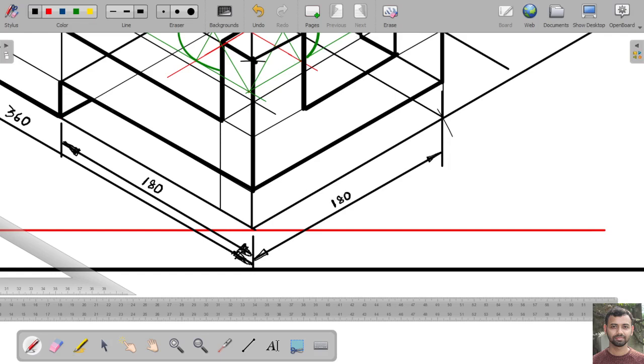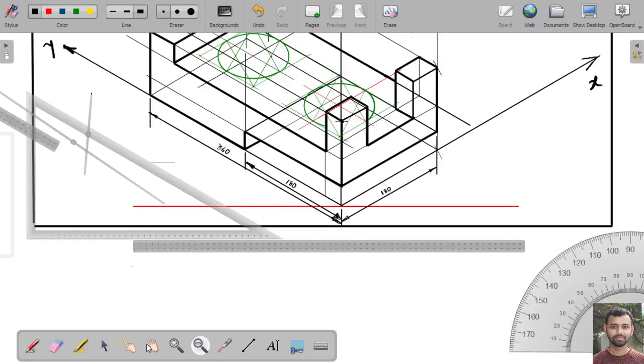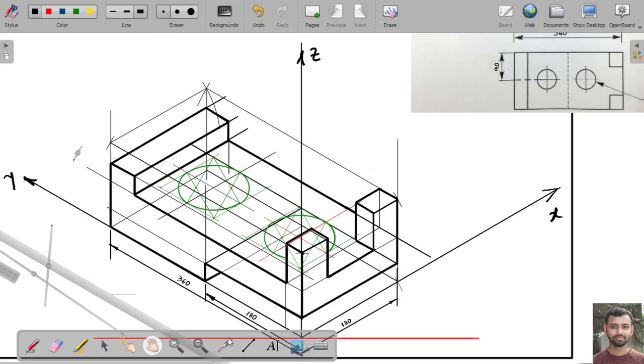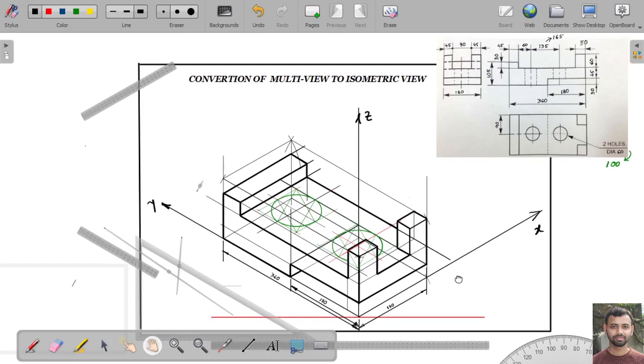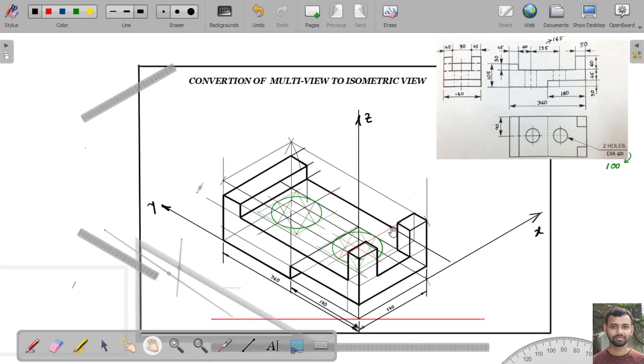Okay. Next is, okay. Then dimension is, okay. This dimension is given as 45 and this one is also 45.